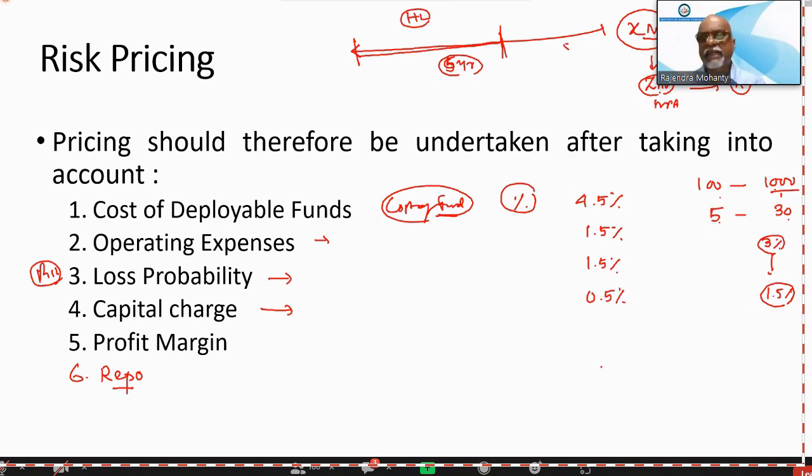When the repo is decreasing, you have to give the benefit to the borrowers. So suppose repo is 0.1% or 0.01%, whatever it may be. This is the factor of repo. So when you add all these things together, except the fifth one, profit margin, your rate comes to how much?